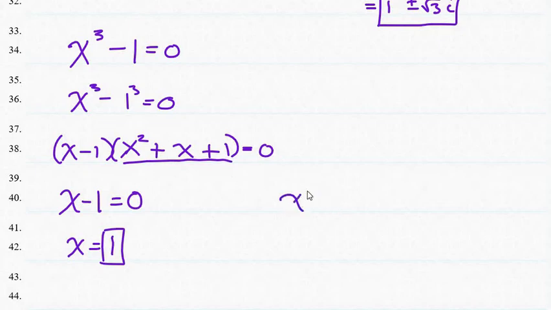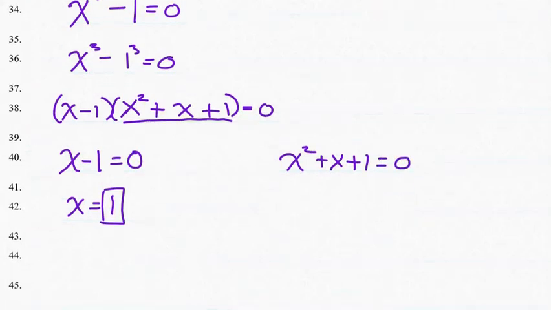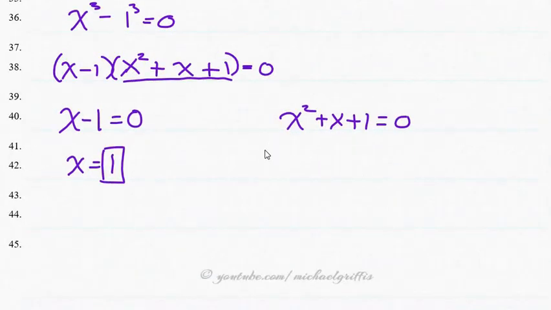Once again, we rewrite this, set it equal to 0, and we need to use the quadratic formula. So a is equal to 1, the coefficient out in front of x squared, the coefficient of x is 1, and the constant is 1.